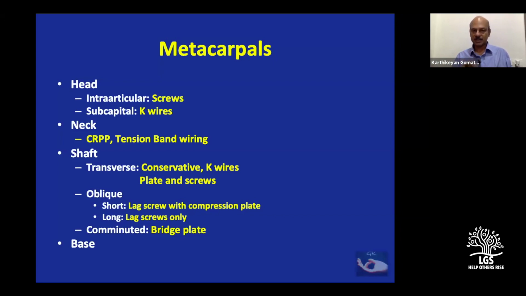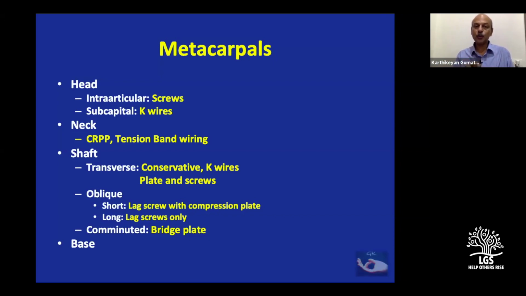If it is a comminuted fracture, I did not talk about this. When there is a comminuted fracture, I remember last time when I told you about the plates, there is something known as bridge plating. That is, it is a load bearing plate. The entire plate bears the load of the hand, of that finger. Here it is much thicker.